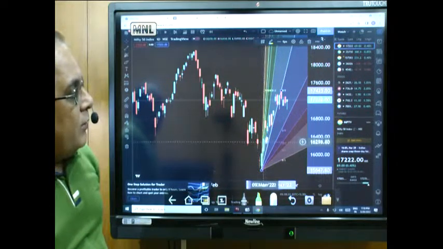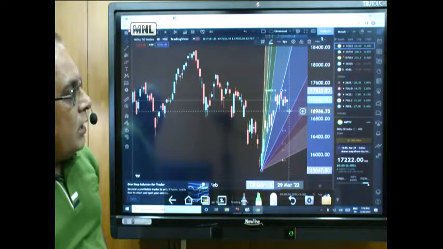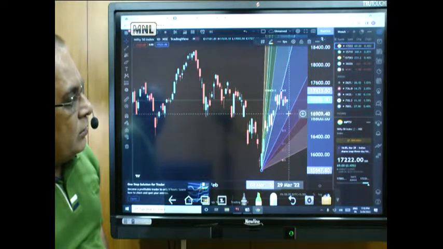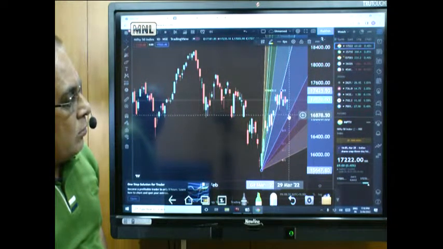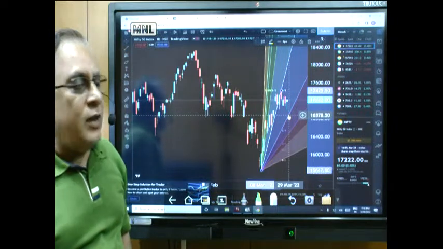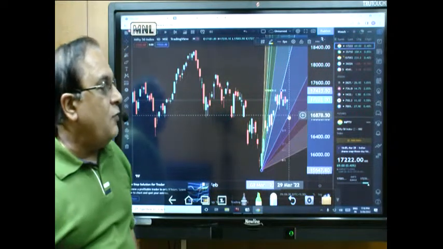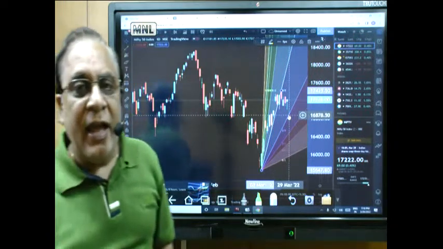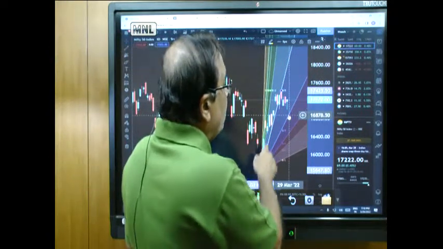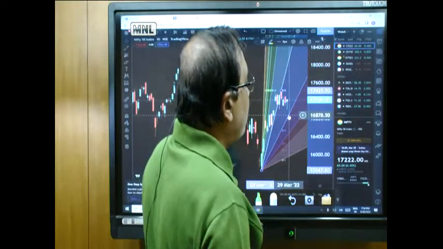Now let's say it may start coming down from here. Let us say tomorrow it comes at 16,910 or so. Right now it is moving at 16,878. That is the place where the 45-degree angle is coming for this trend, which is from 15,647 to 17,425.